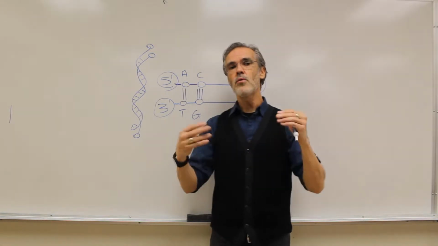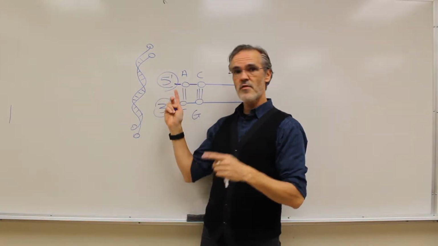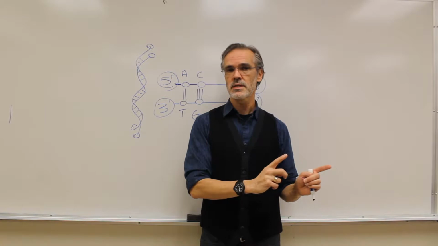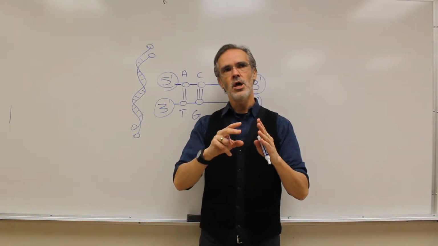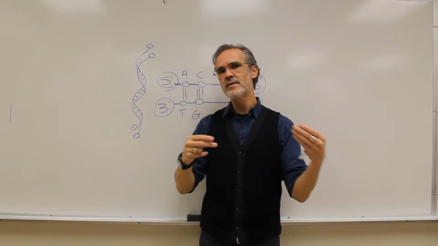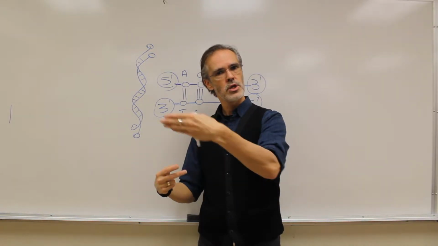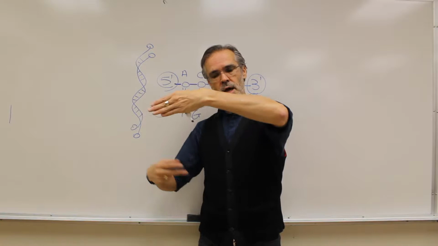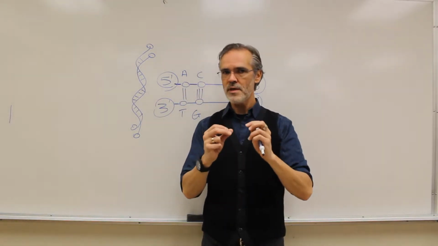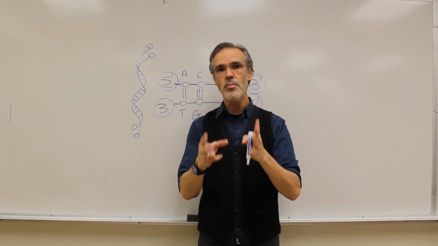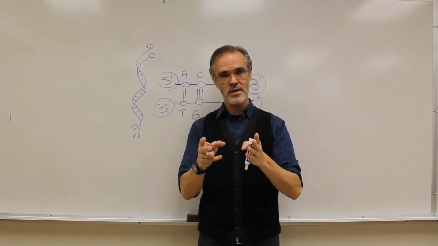However, I will use these 5 prime, 3 primes all the time during this lecture, because it's important to understand that when DNA is being replicated, it's done in one direction and one direction only for one strand, and the other strand is the same thing. And this, as we will see, creates a set of problems for the cell.